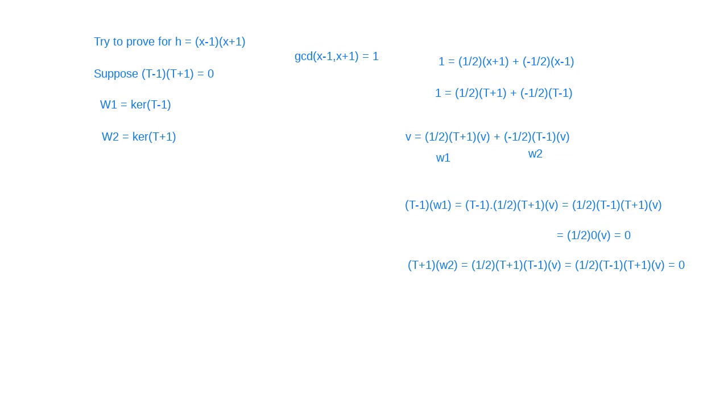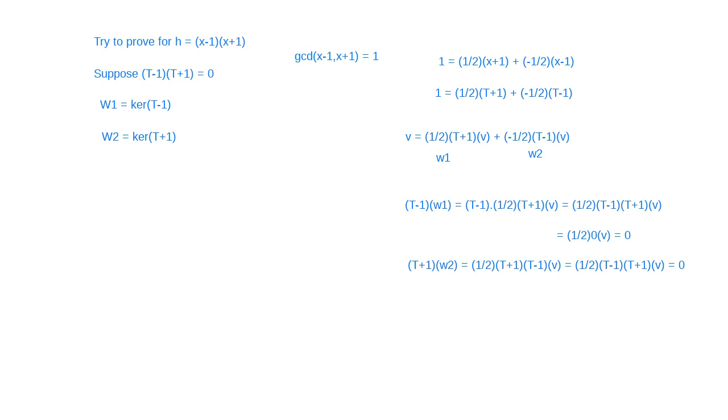So our w1 is in the kernel of t minus 1, so little w1 is in the subspace W1. Little w2 is in W2. That tells you that any vector is a sum of something in W1 plus something in W2.